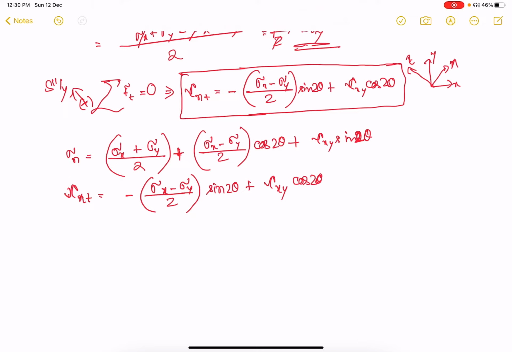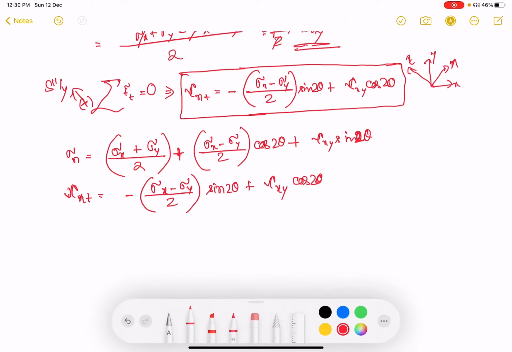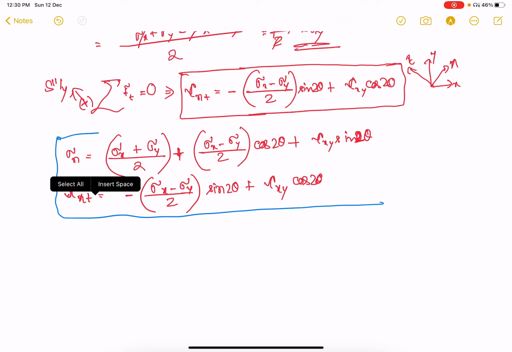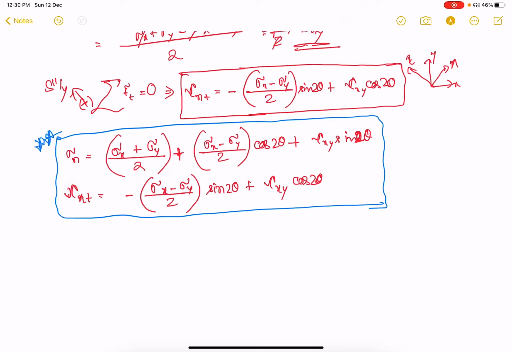So this is the important formula, the value of normal stress and shear stress on an inclined plane whenever it is rotated by an angle theta with reference to the positive direction of the x-axis.